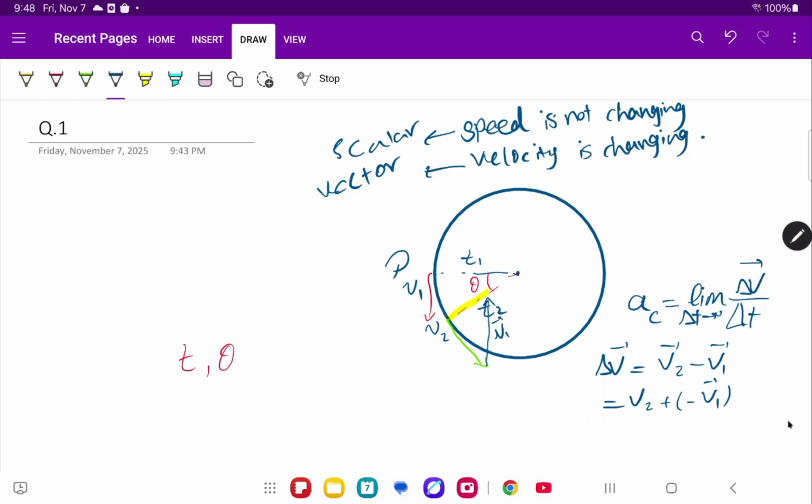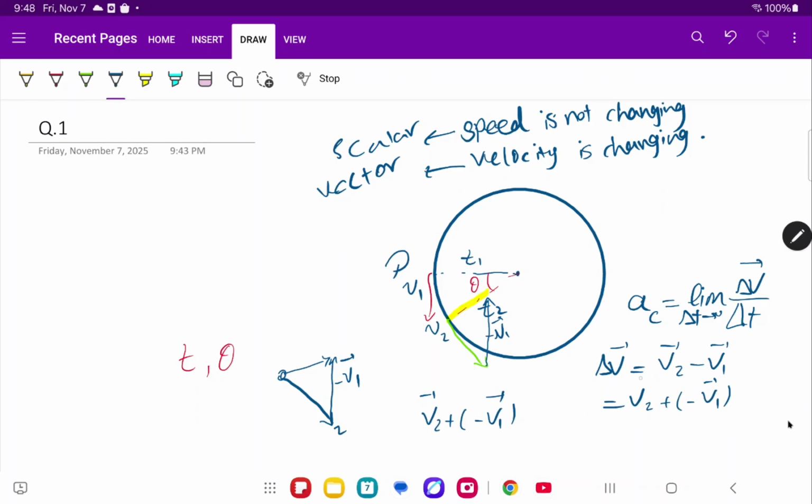If I want to draw it here, this is v2, and then v1. Actually it's minus v1, because v1 is downward and minus of it is pointing upward. Then v2, you start from the beginning of the vector, come to the end, and then minus v1, you go up. So this shows you v2 plus minus v1.